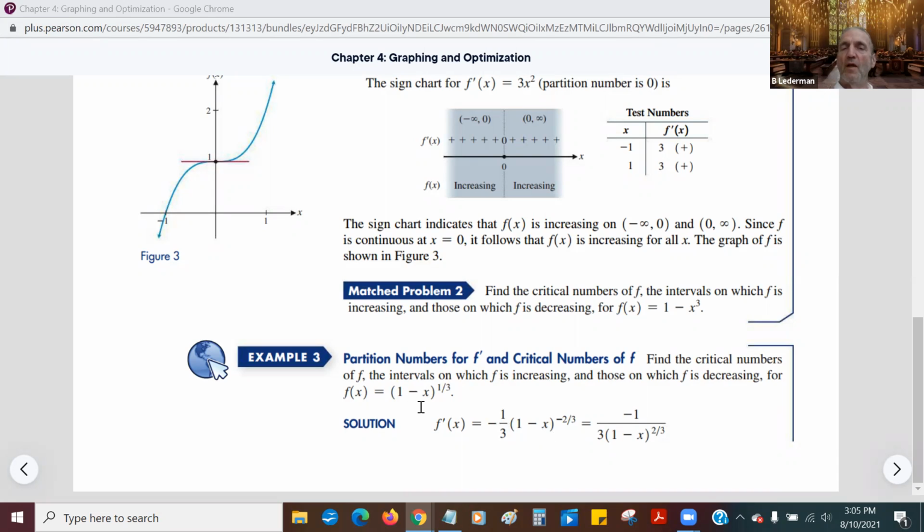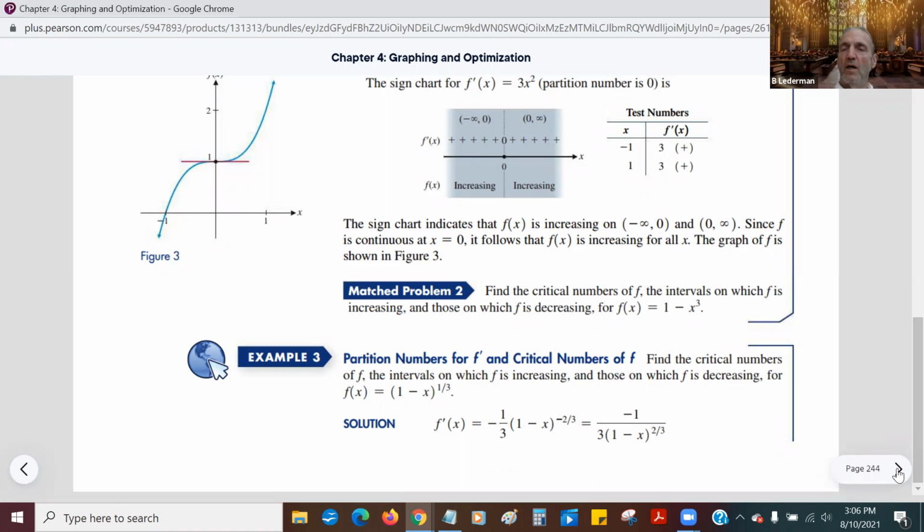This is really a chain rule, and the chain rule says that I have to multiply by the derivative of the inside. The derivative of the inside is -1. So the negative comes from the inner function. The third comes from that exponent, and the minus 2/3 is 1/3 minus 1. Now everything's accounted for. This is another way to write the function.